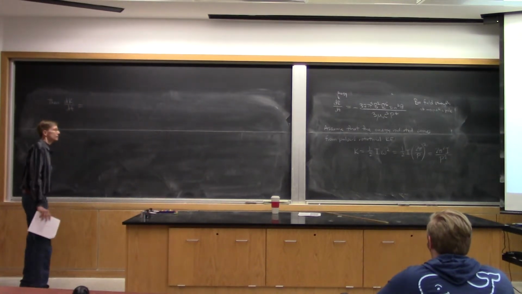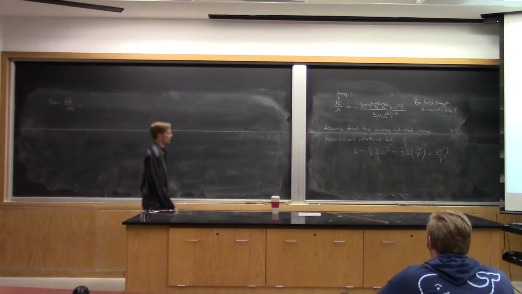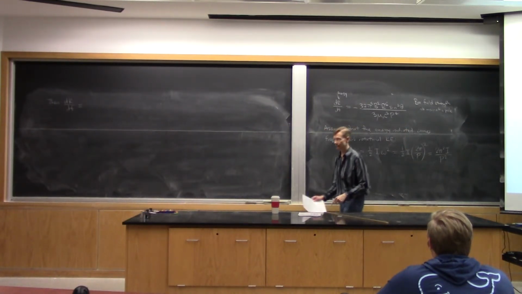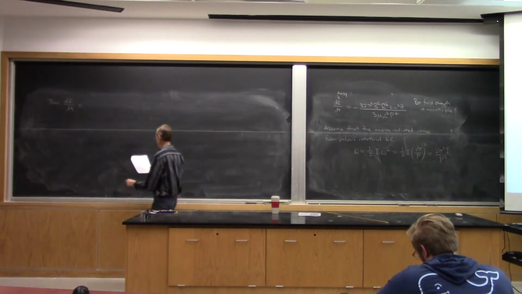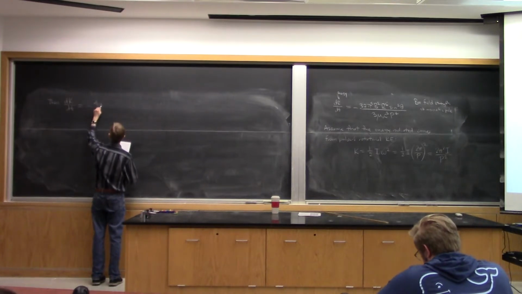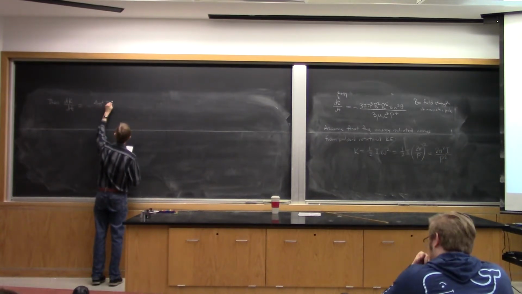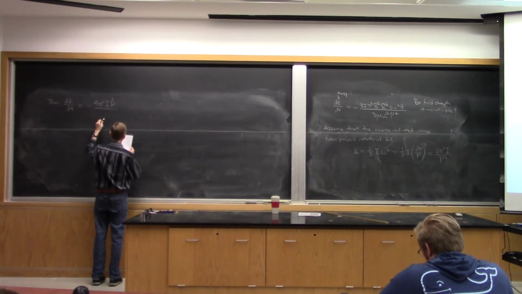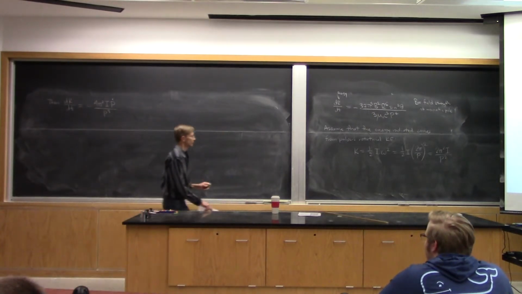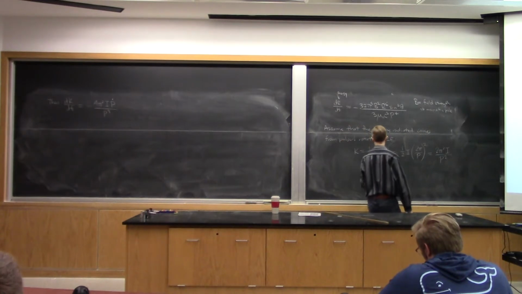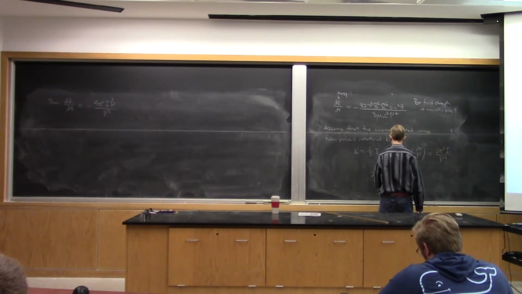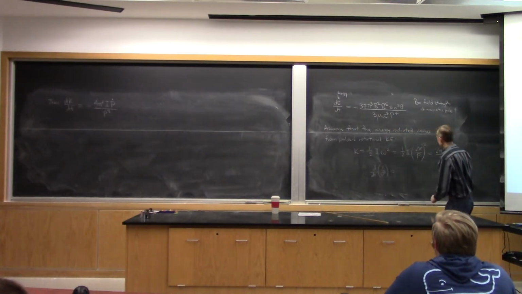So then the rate of change of the kinetic energy comes from differentiating this expression. So that gives you minus 4 pi squared I p dot over p cubed, right? Because we're looking for d/dt of 1 over p squared here.